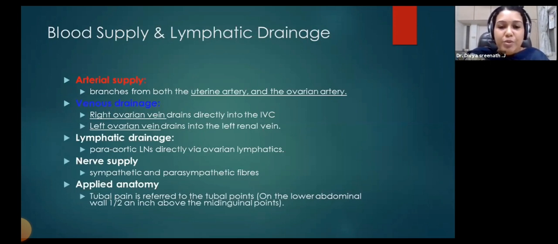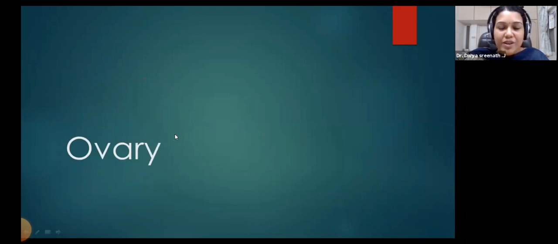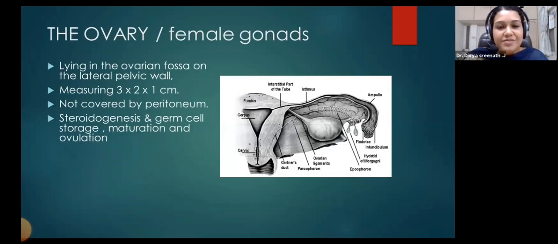The blood supply is contributed by the uterine artery as well as the ovarian artery. It drains into the right and left ovarian veins. Now we will see the ovary. The ovary is the female gonad, which lies in the ovarian fossa. The measurement of the ovary should be known, 3 into 2 into 1 centimeter. Also, volume is usually mentioned. In a PCOS patient, we can see the ovarian volume increases, like 10 cc, 15 cc.